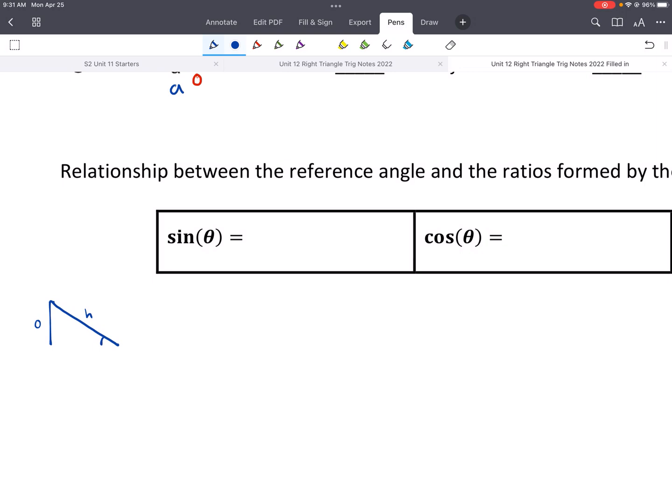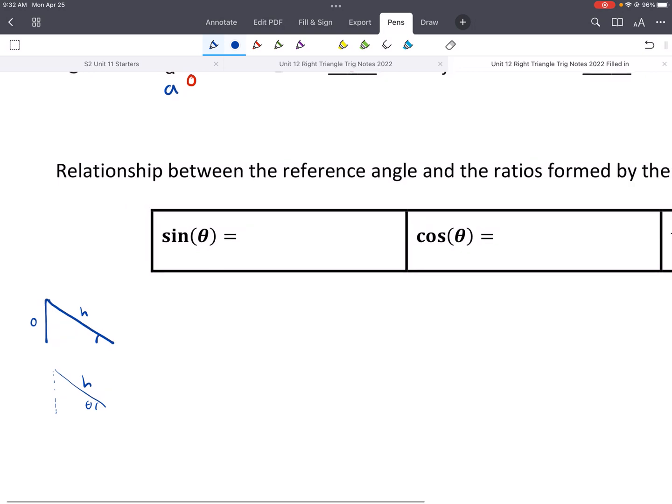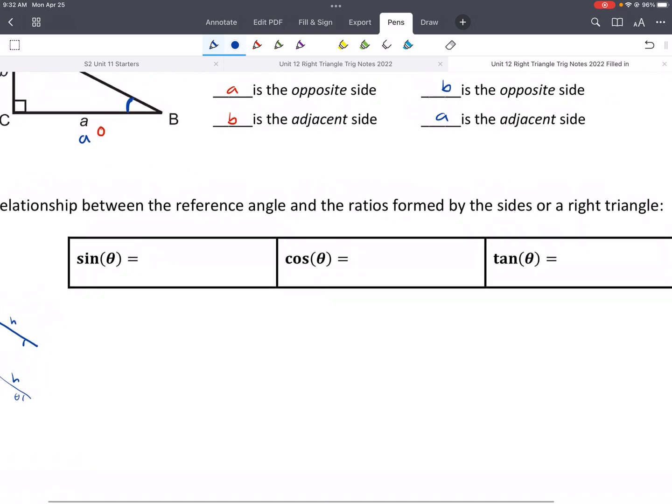Or if we were given the hypotenuse and we knew the angle, then we should be able to figure out how high this would be. So there's this relationship between those angles and their sides. These are what are called trig functions, trigonometric functions. They relate the angle to the ratio of two sides.